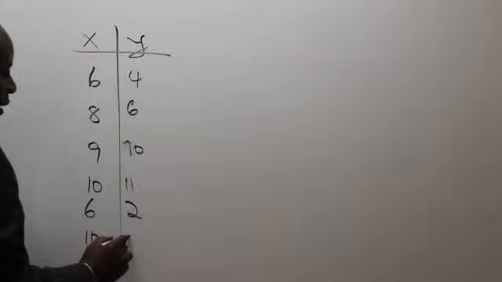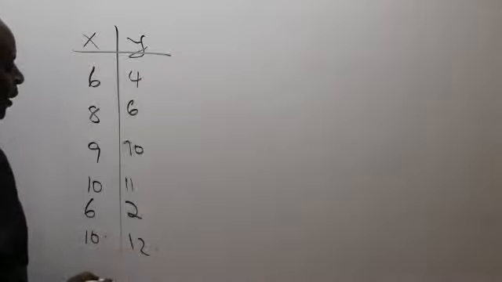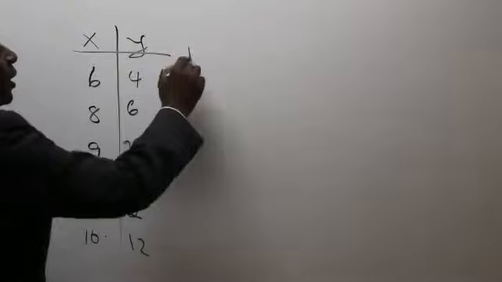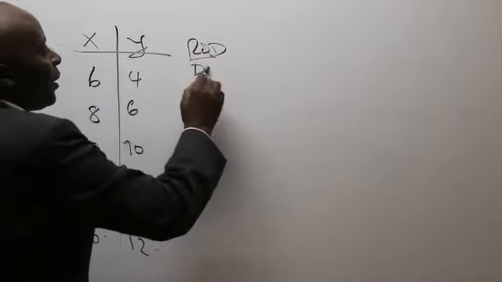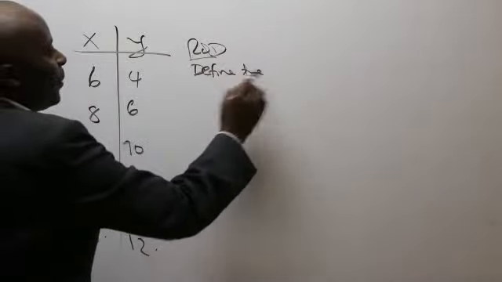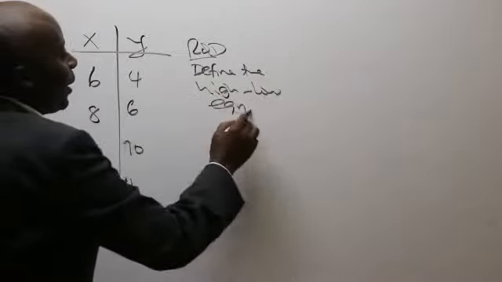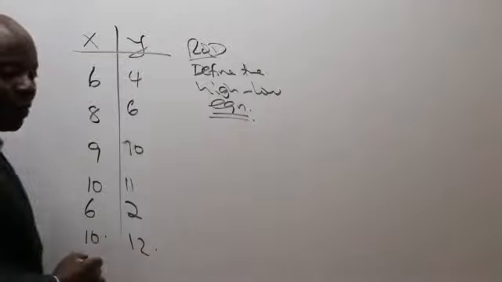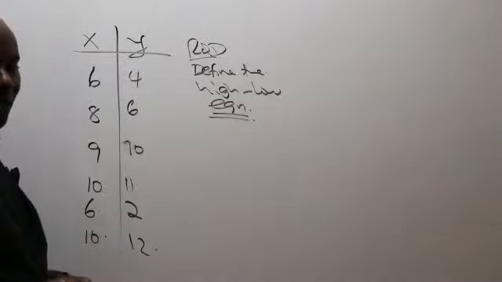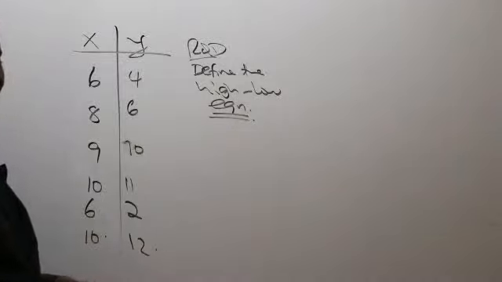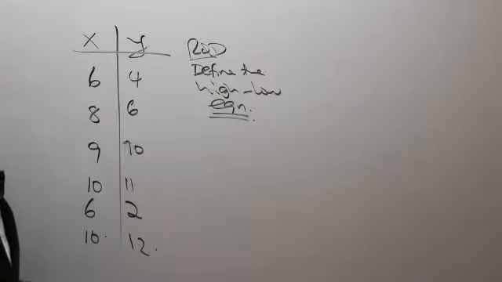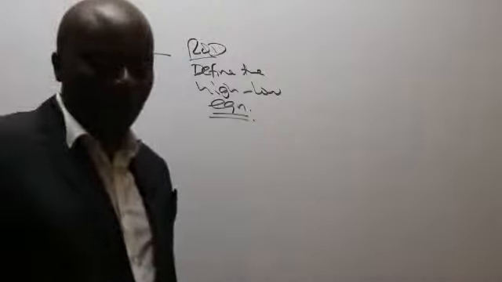Here we have 12 like that. So you are required here to define the high-low equation. Could you kindly define this high-low equation for us?